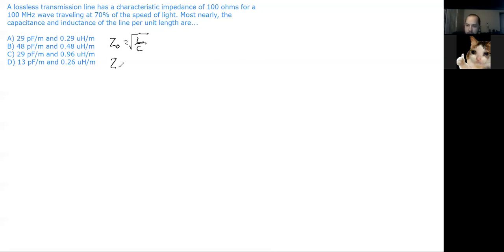So that means we're going to need to square both sides, and then rearrange to isolate C, and you get C is going to be L over Z naught squared. And the velocity of propagation, well, we got to include a velocity in here.